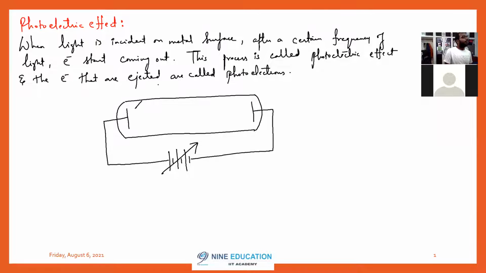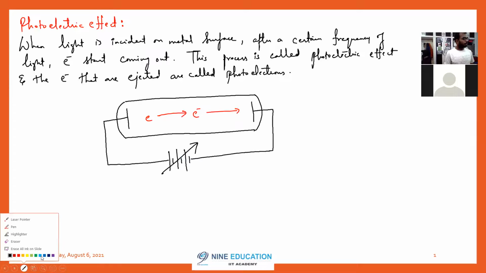Now photons are incident on this plate, and at a certain frequency of photons, electrons start emitting out. Electrons start moving here. This is incidence of photons. I'll use blue color.